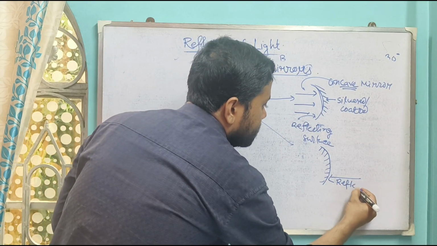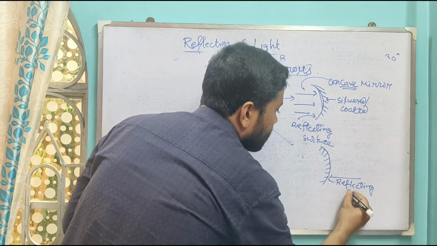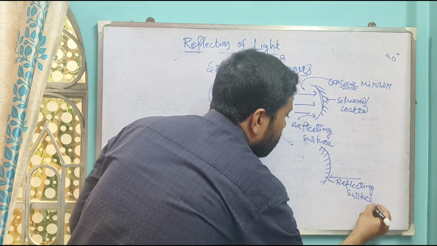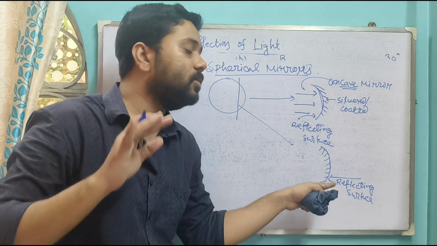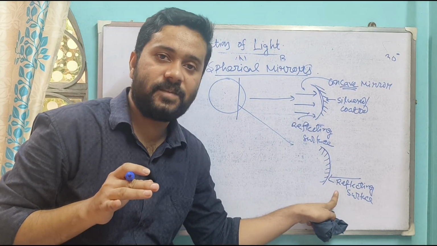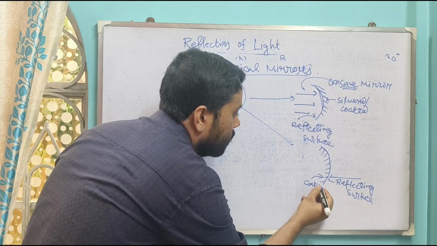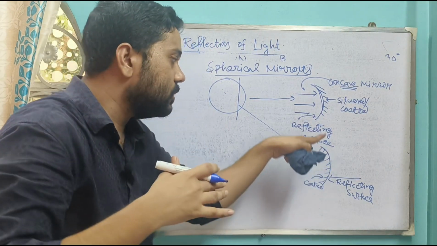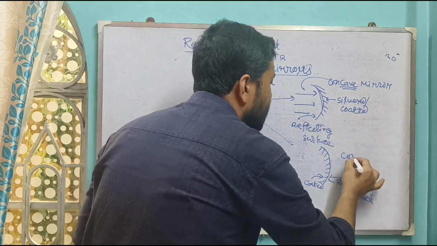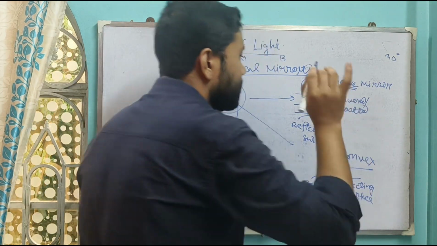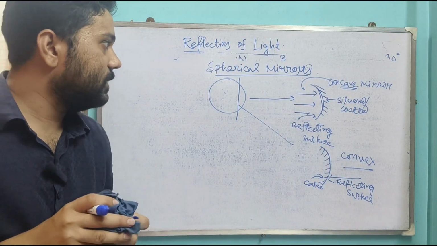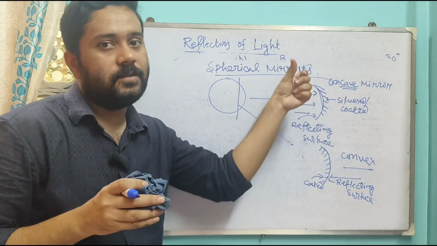The inward portion is coated, or you can say silvered. So this type of mirror is called convex. I hope it is clear which one is concave and which one is convex.